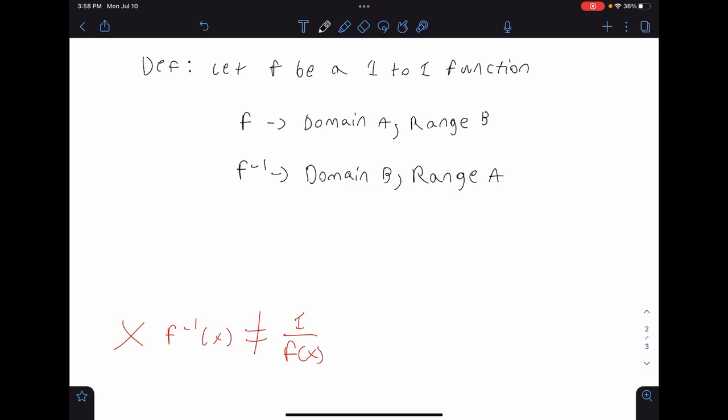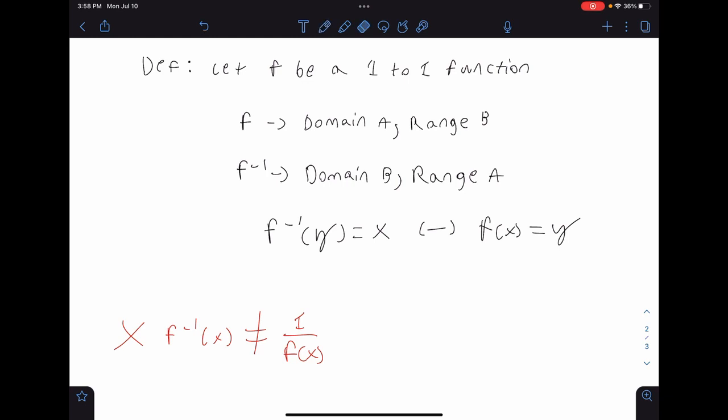So that's really it. f inverse of y equals x, then f of x equals y.